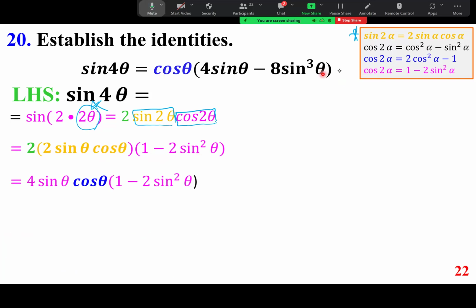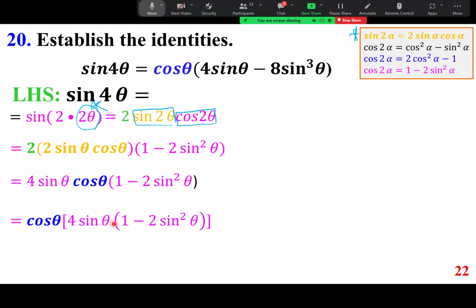Remember, we want it to look like that. So cosine theta, keep it, and 4 sine theta, put it next to that. So we are just interchanging these two, and now we are going to multiply.